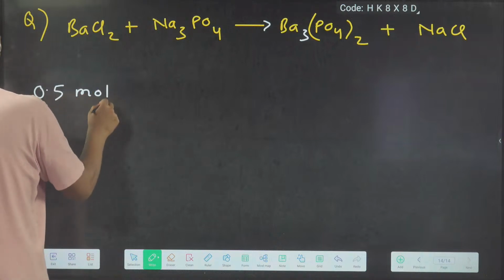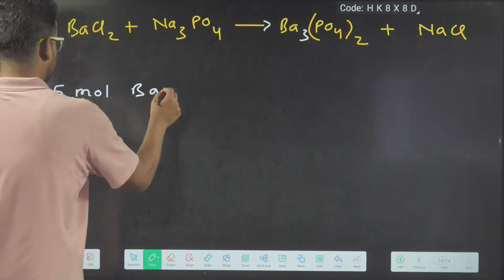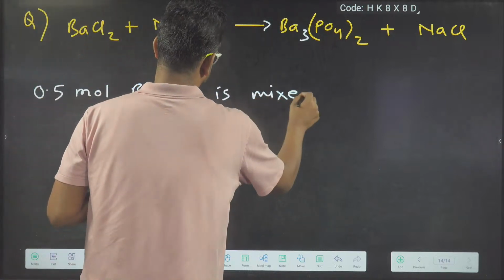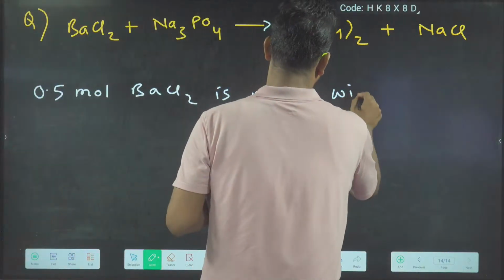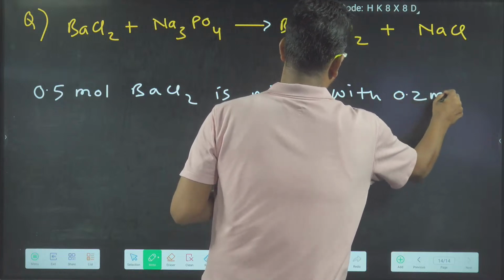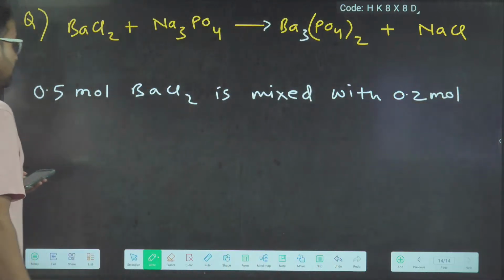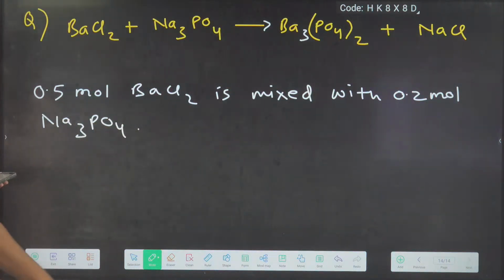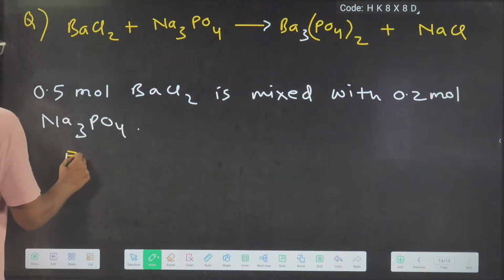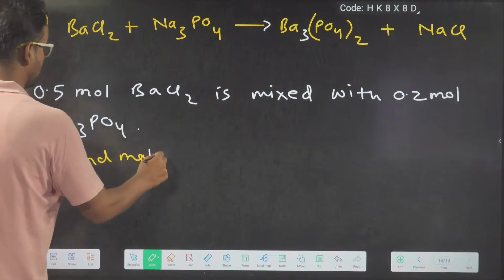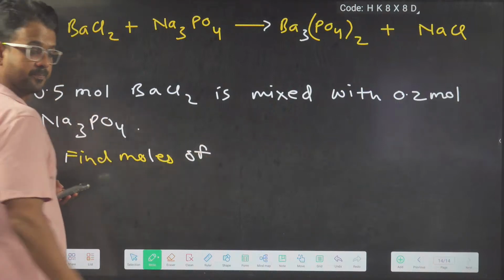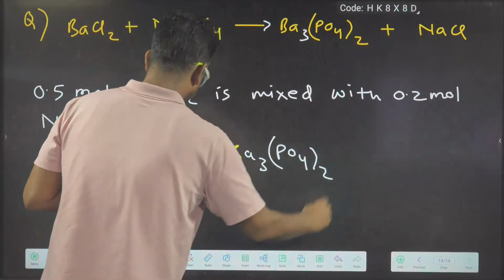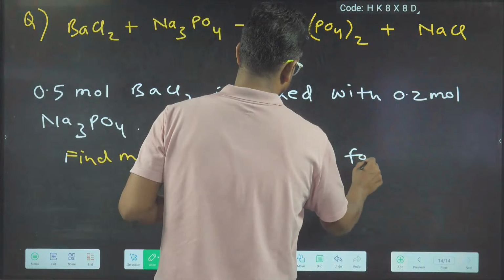0.5 mole BaCl2 is mixed with 0.2 mole Na3PO4. Find moles of Ba3(PO4)2 formed.